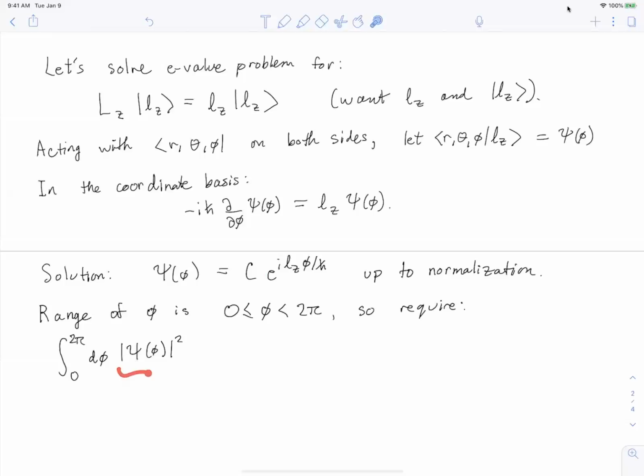So this is equal to the magnitude of c squared. Okay, that's supposed to equal 1. And so c squared times 2 pi has to equal 1, which tells us that c is 1 over the square root of 2 pi times any arbitrary phase, and we're just going to choose that phase to be 1.